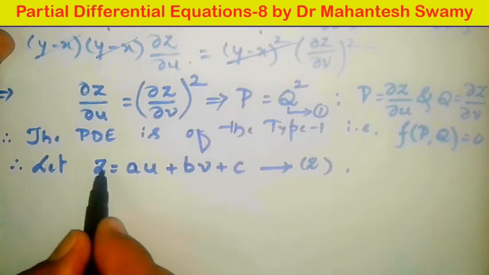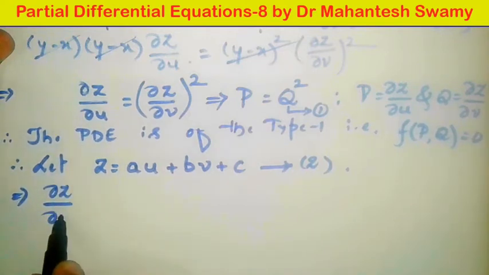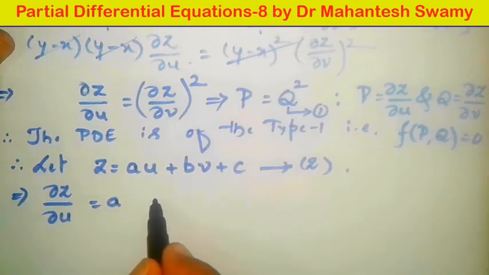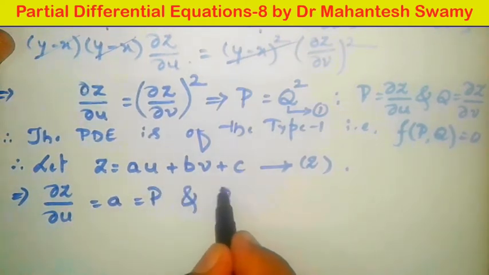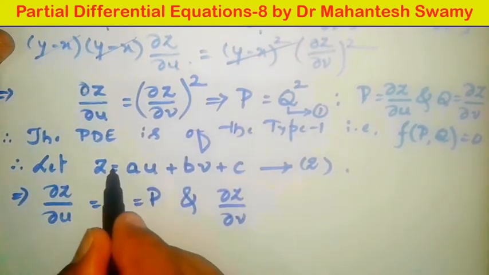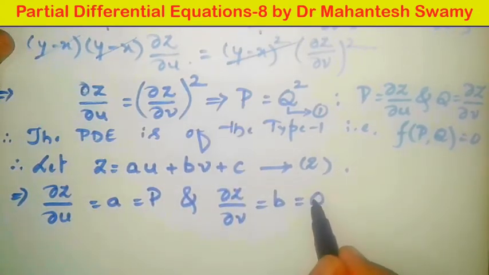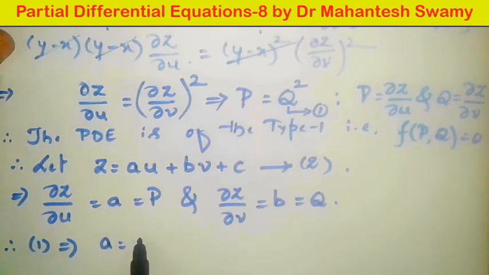Now from equation number 2, ∂z/∂u is a, which we have considered as capital P, and ∂z/∂v is 0 plus b into 1 plus 0, that is b, and it is as per our assumption Q. So if we substitute these into equation number 1, we get a equals b square, or b equal to plus or minus root a.